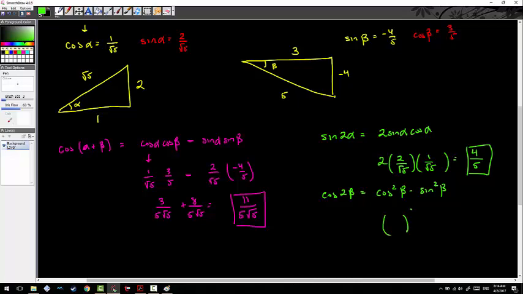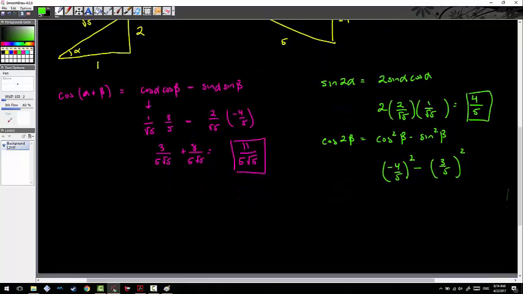So I've got a thing squared minus another thing squared. So the first thing squared is going to be the cos, so that's going to be negative 4/5. And then the next thing squared is going to be 3/5. So I feel like we've seen this example enough times to know what's happening here. I'm just going to scroll down here. 16 over 25 minus 9 over 25, so I get positive 7 over 25. And that's how you do the worksheet.